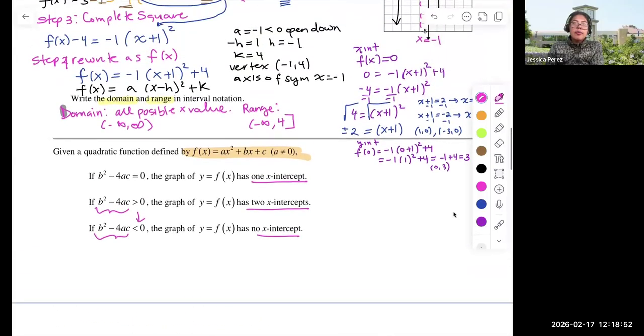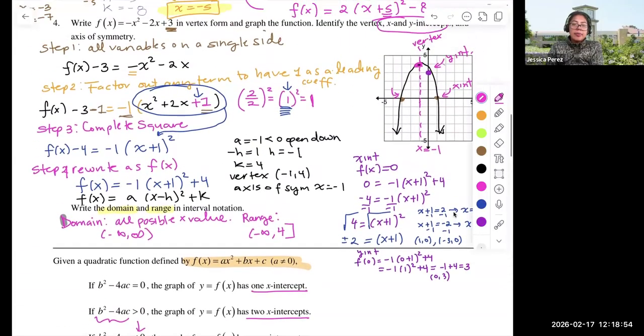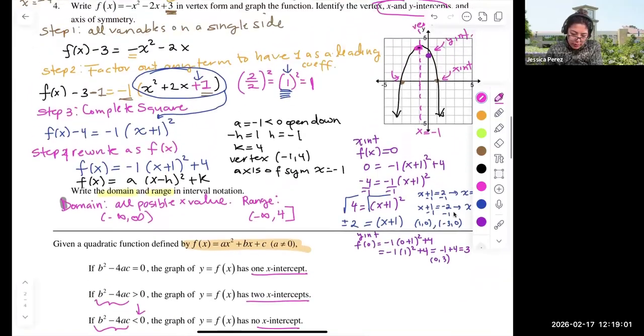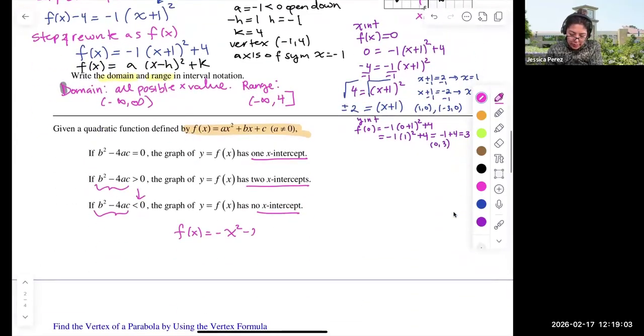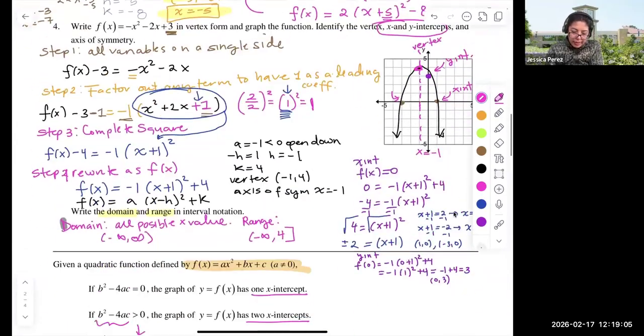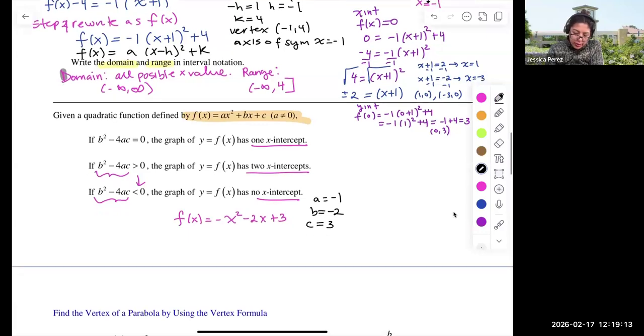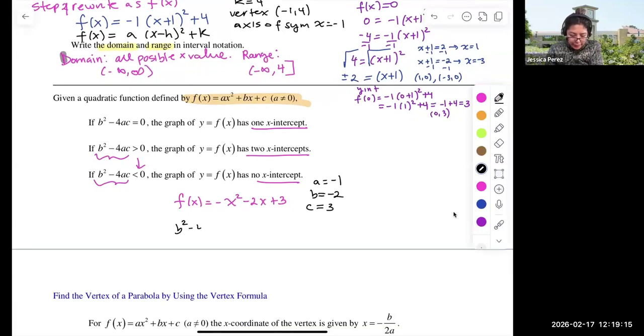So for example, if we look at the previous example, we have f of x = -x squared minus 2x plus 3. Now, if we use this formula, a is -1, b is -2, and c is 3. So let's find b squared minus 4ac and identify what that is.